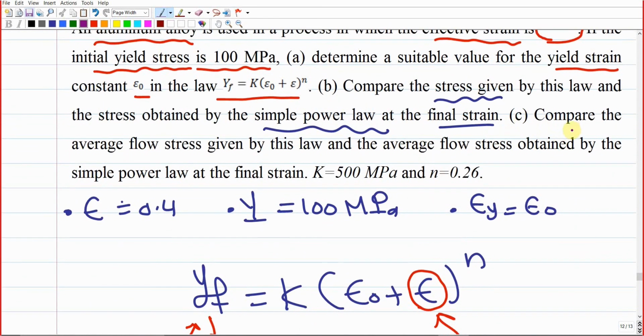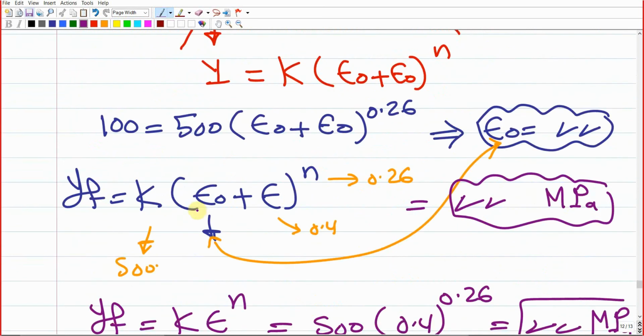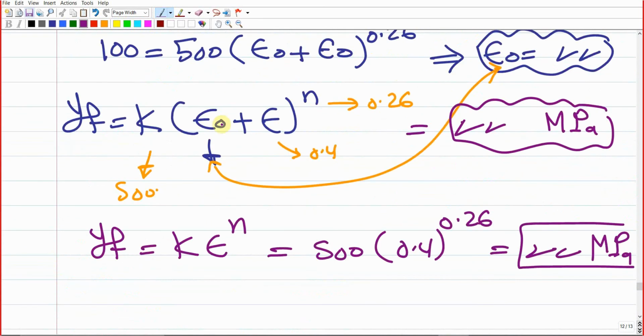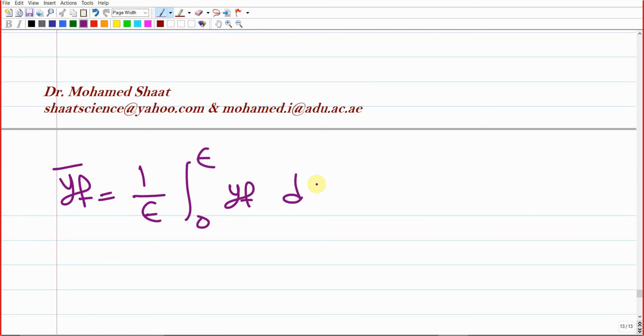For requirement C, it is required to compare the average flow stress based on this law and the average flow stress obtained by the simple power law. So how much is the average flow stress by this equation? The average flow stress should equal 1 over epsilon, the integration from 0 to epsilon of the flow stress d epsilon.